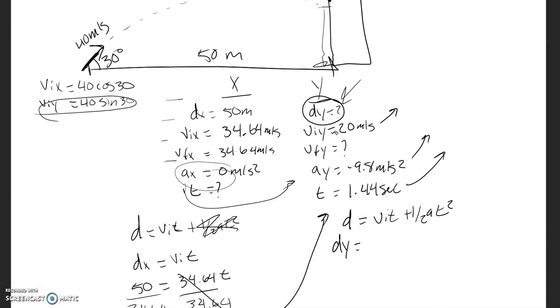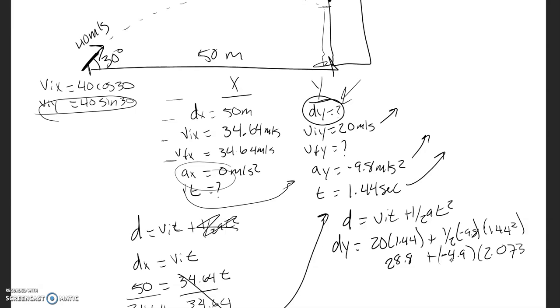So dy will equal 20 times 1.44 plus 1/2 times negative 9.8 times 1.44 squared. Let's simplify this. 20 times 1.44 will give you 28.8, plus negative 4.9 times 1.44 squared, which is 2.0736. All of this is dy.